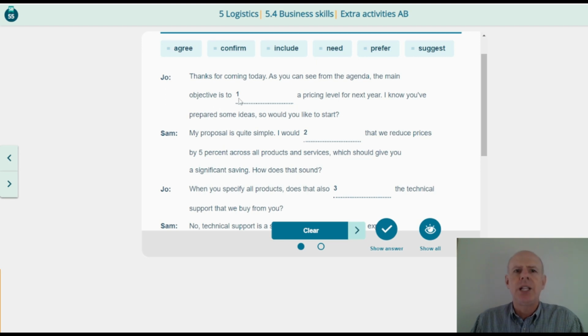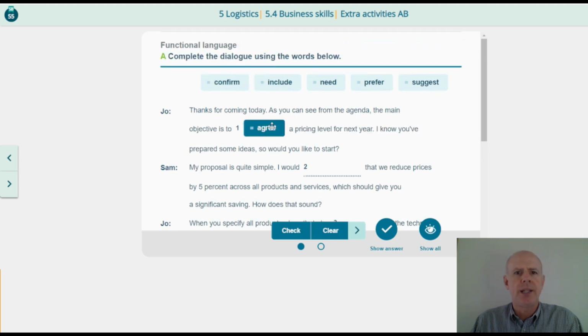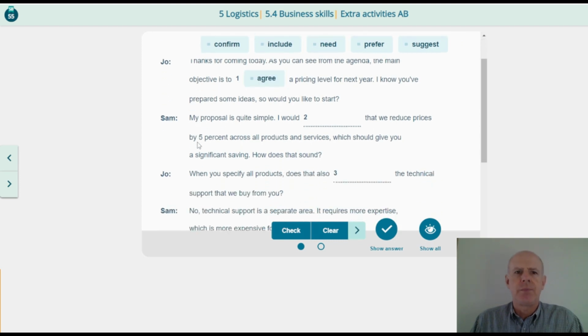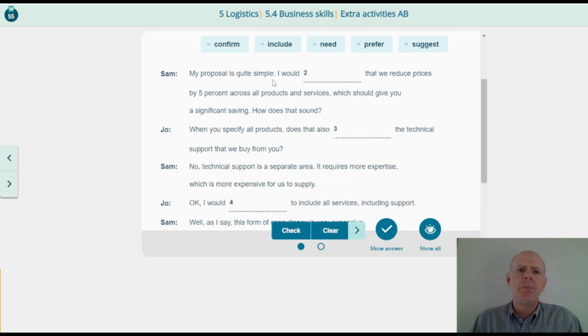But here, objective is to agree a pricing level for next year. My proposal is quite simple, Sam says. I would blah that we reduce prices by 5% across all products and services, which should give you a significant saving.